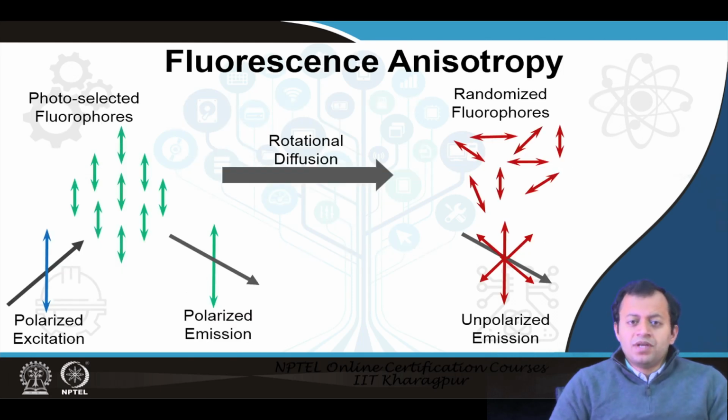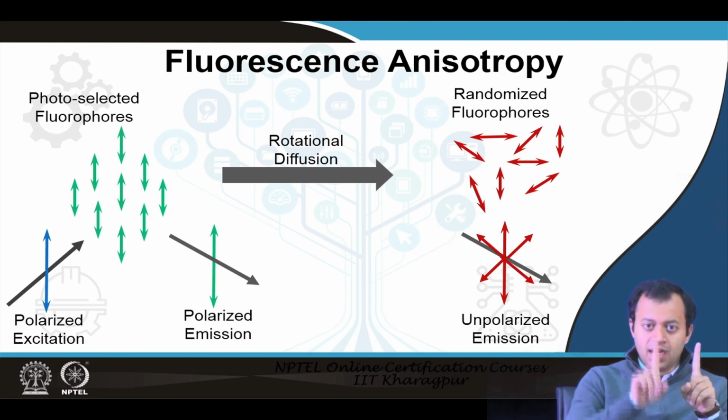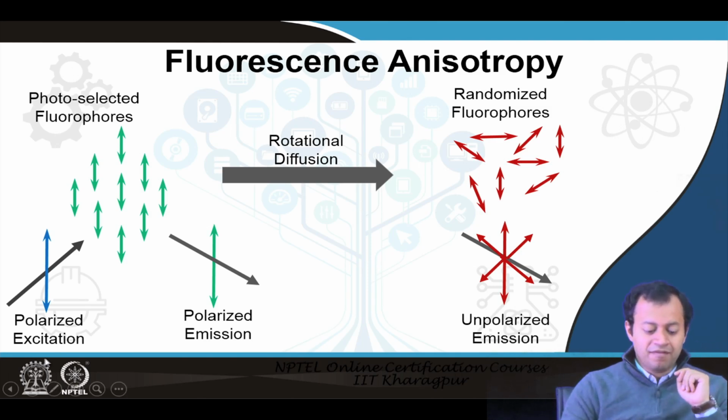Fluorescence anisotropy is a very important topic. Fluorophores have a preference for absorbing light which has the electric field vector in the direction of their dipole moment. So, if you have sent some kind of polarized light that aligns all those fluorophores in a solution in a particular direction, you will see a polarized emission.